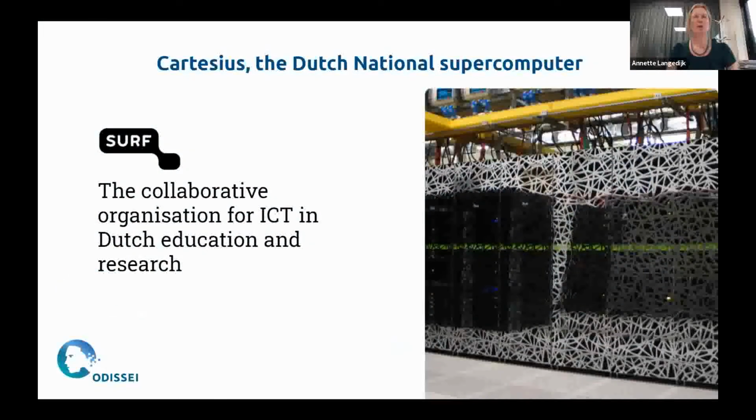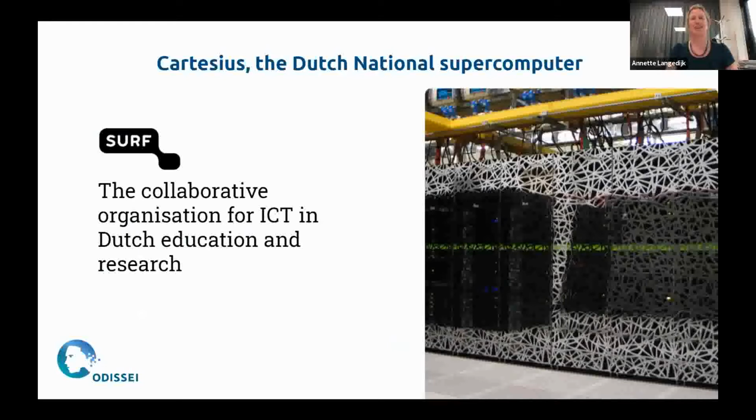So what to do with these billions of data points? The ODISSEI consortium went to SURF, and SURF is the collaborative organization for ICT in Dutch education and research. That means we are a cooperative of which all Dutch universities, universities of applied sciences, and academic medical centers are a member. And SURF is the host of Cartesius. Cartesius is the name of the Dutch national supercomputer.